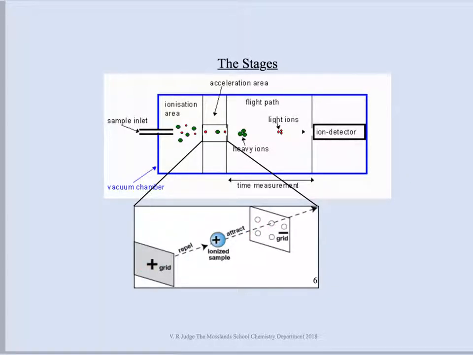So electric field, attracted towards negatively charged plates, something like that is what you want to write in your exam. Something that's quite important in this acceleration area: the particles travelling through here are all accelerated to provide them with the same kinetic energy.